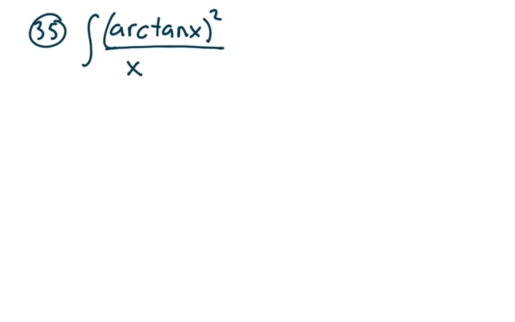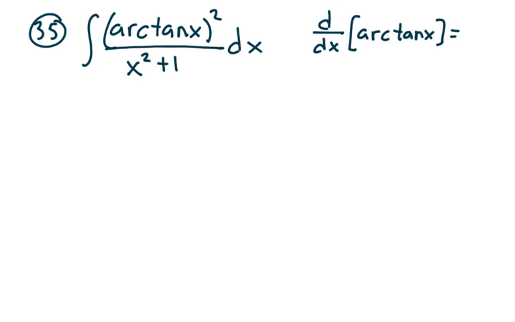Let's take a look at 35. Suppose I have the integral of arc tan x to the second divided by x squared plus 1 dx. It's a similar idea to problem number 32. I just happen to remember, and this might be good for another video, that if I take the derivative of arc tangent of x with respect to x, I get 1 over x squared plus 1.